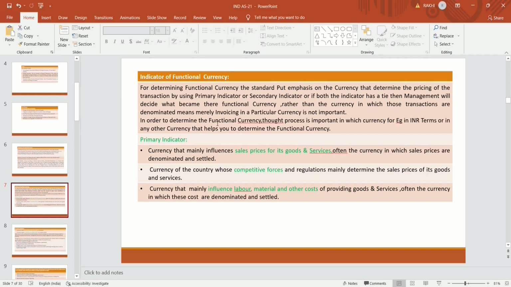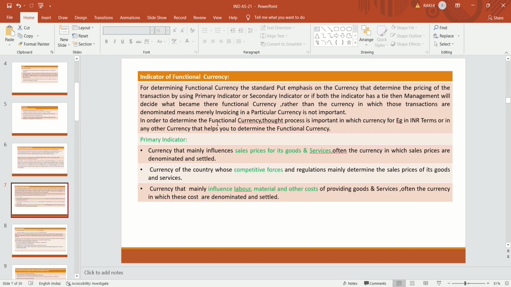Merely invoicing in a particular currency is not important. If you are making the invoice of a transaction in USD, that does not determine the functional currency. It's an indicator set by this standard to determine the functional currency.